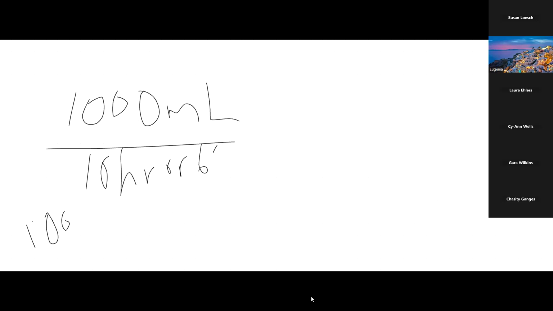Okay, so here we have 1,000 mLs. We already determined that it was running at 100 per hour, and that in total it would be 10 hours, or 600 minutes, because that's what we really need, right? And our drop factor was 10 here.